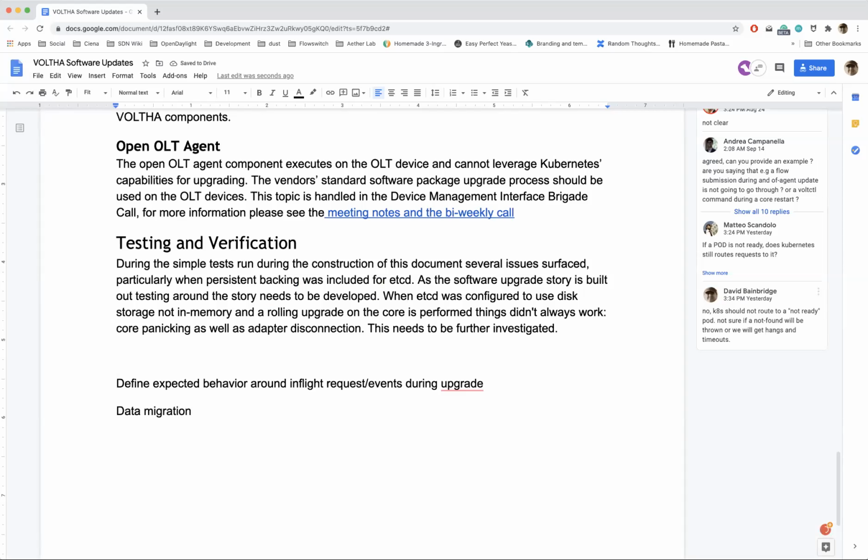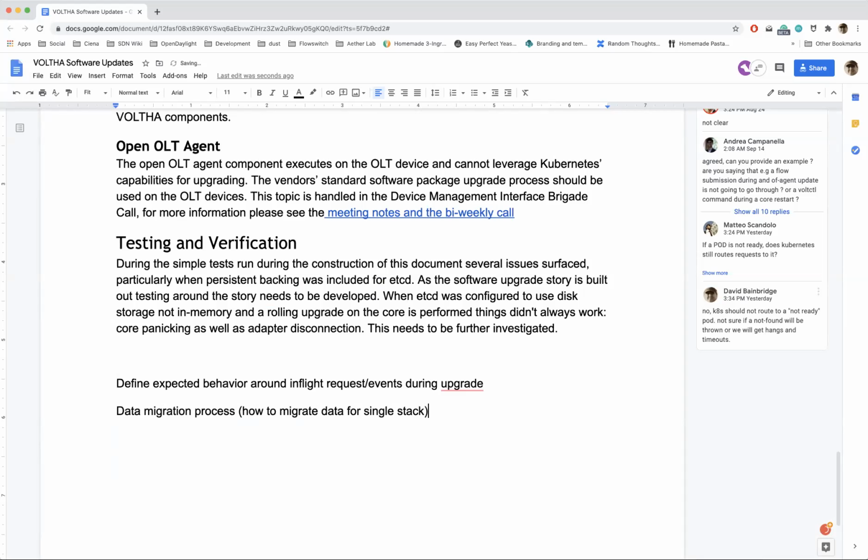In terms of multiple OLTs, probably I would like to upgrade one vOLTHA stack first, and if it needs a data migration, probably I would want to migrate the data in etcd for that instance. But also I should have a procedure to roll back if something goes wrong.